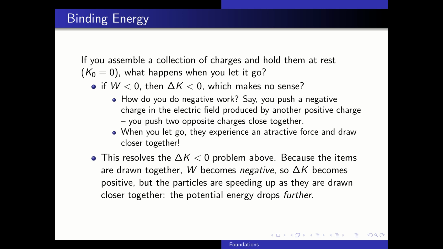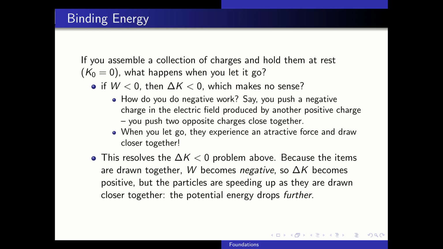The positive charge that we're trying to move around is drawn to the negative, but we're not letting it just fly. We are moving it in slowly to this position. We are working against the tendency of the system to draw these two charges together. That's negative work. When we let go, that attractive force will draw those charges closer and closer together.